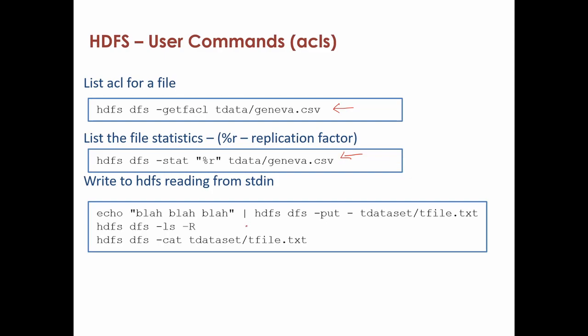Okay, so this is also sometimes useful if your data is too large to be stored on the local file system but is being generated from another program. Let's say it's coming from a stream or you are downloading it from the internet. You can directly put it onto the HDFS distributed file system using this command, this hdfs -put command.